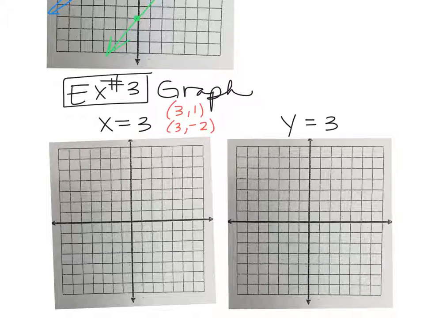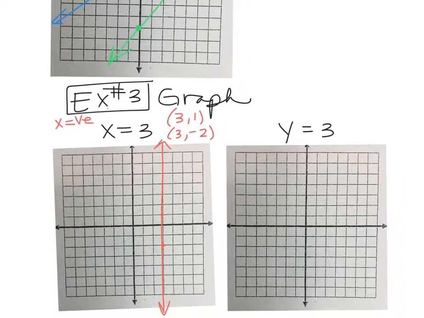So if I plot 3, 1, and I plot 3, -2, what kind of line am I going to get from those 2 points? Vertical, right? I would get a line through 3 here. So my x value everywhere on that line is 3. Okay, so remember this, when it's x equals, it's always going to be a vertical line.